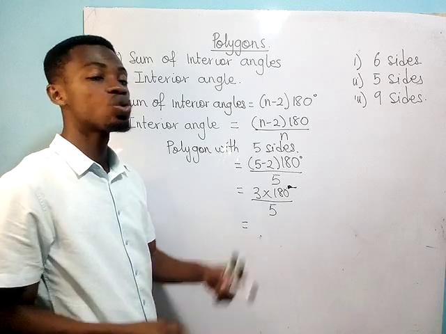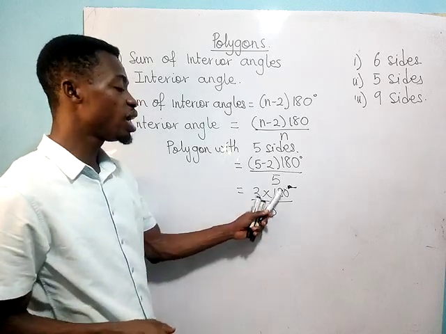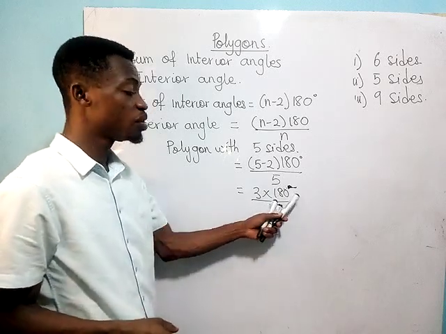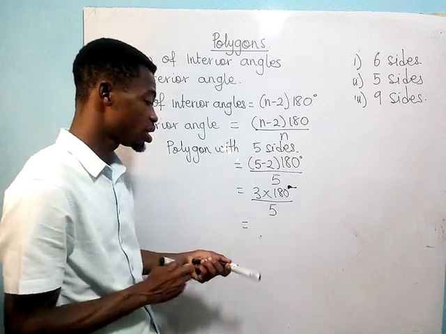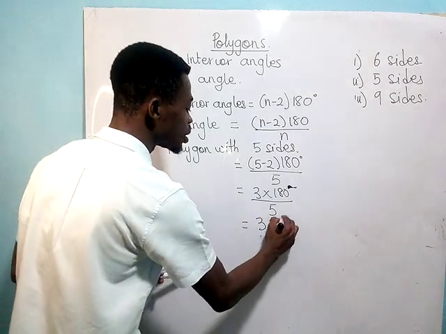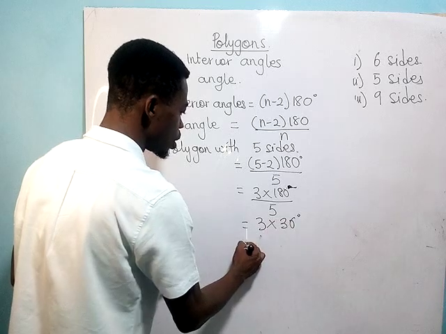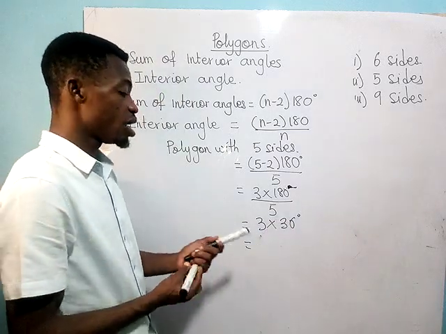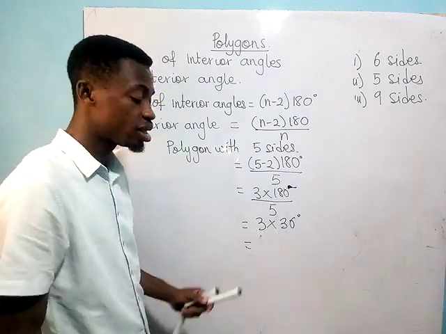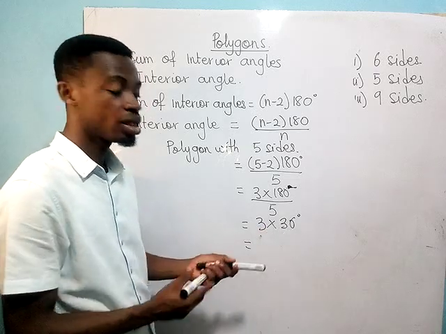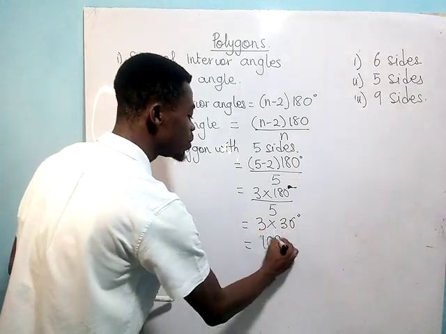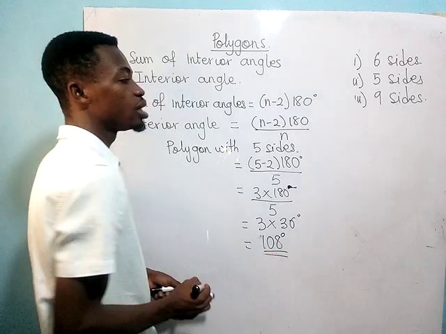Now, what is 5 into 180? 5 into 18 is 3.6. So 5 into 180 is 36, where we have 3 times 36 degrees. And 3 times 30 is 90. 3 times 6 is 18, where we have 108 degrees.